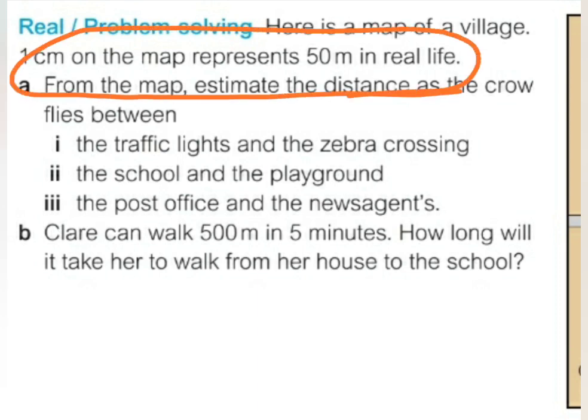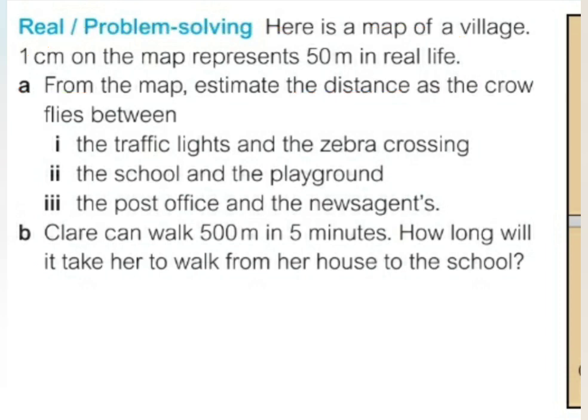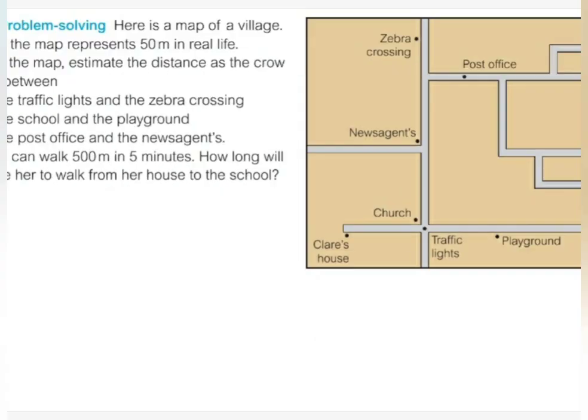Each centimeter on the map equals 50 meters in real life. Now, we have to use this scale to turn map lengths into real life lengths or real life lengths into map lengths. Now, the question here wants us to turn map lengths into real life lengths, okay?